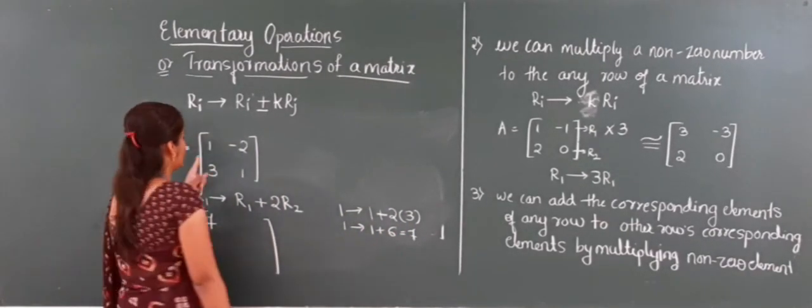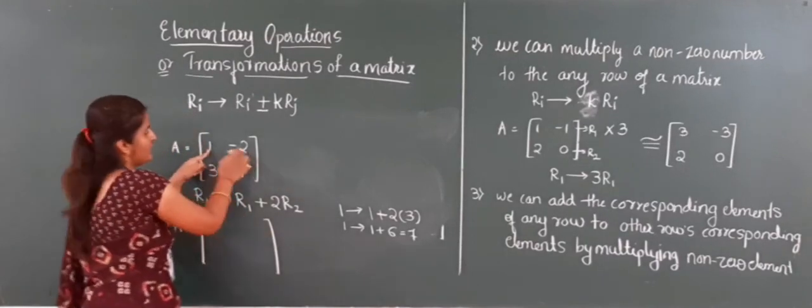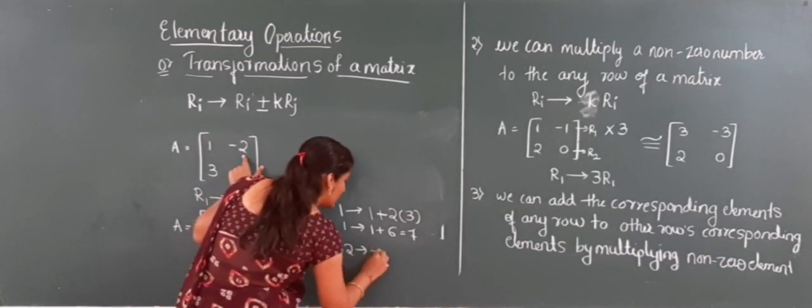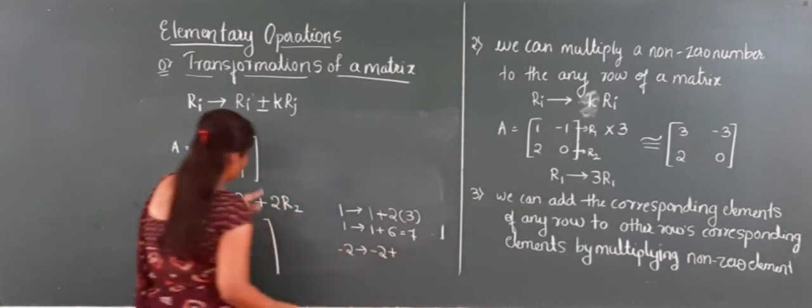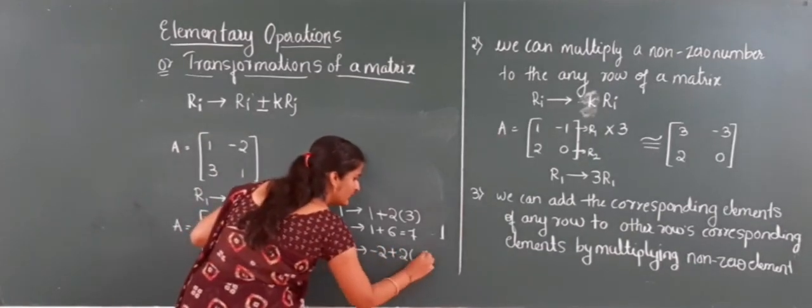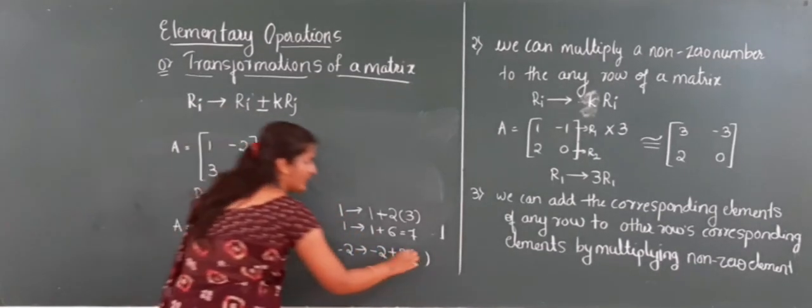Next, similarly for this term. R1 means these two terms, so I have to take this also. Minus 2 changes to minus 2 plus 2 into R2. What is the corresponding element? 1.